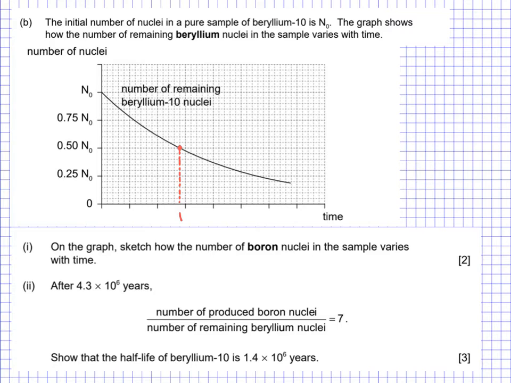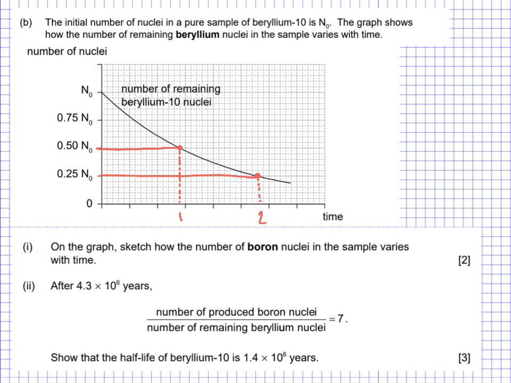This is the first half-life. Half of 50% is 25%. So this point on the graph is going to be 2 half-lives.